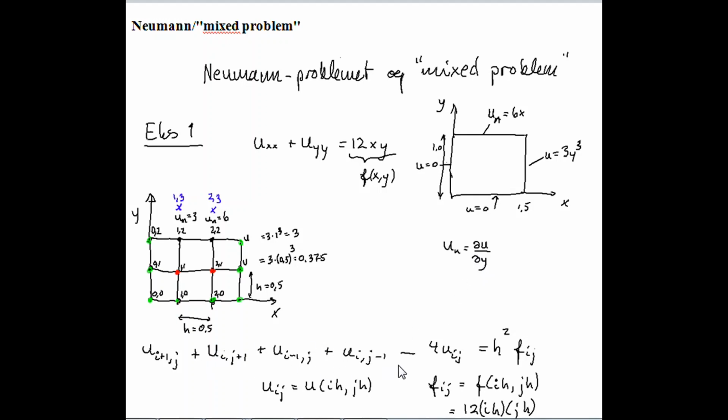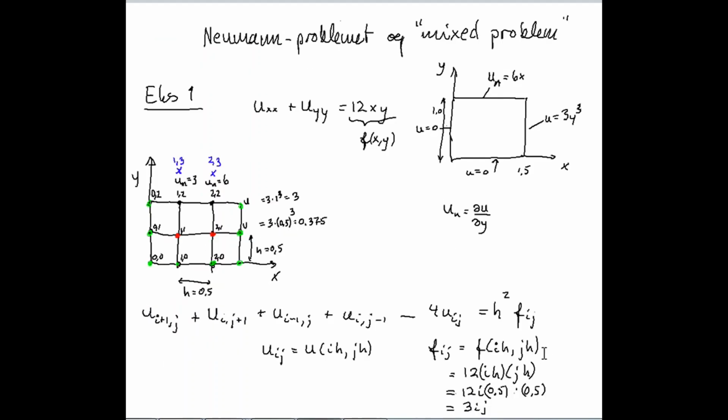Let us just recall the discretization equation for the Poisson problem. It is given by this equation. We also recall that u_ij is defined as the value u of i h in the x coordinate and j h in the y coordinate.